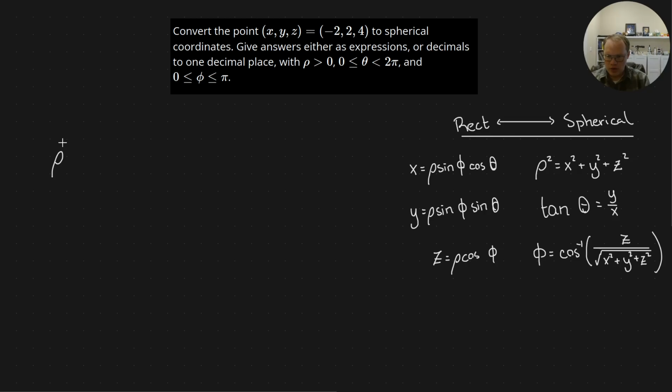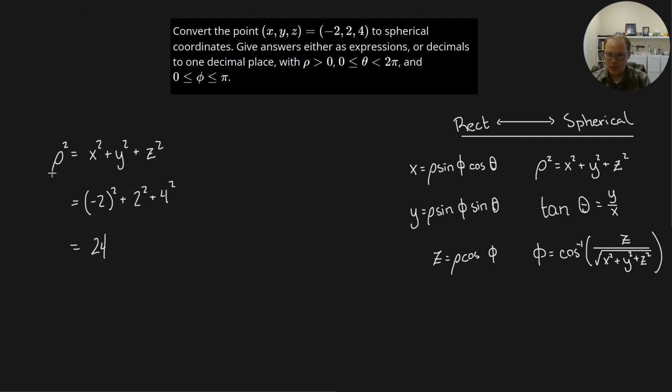So we know rho squared is equal to x squared plus y squared plus z squared. From the problem, we know x is negative 2, y is 2, and z is 4. So plug those in. Negative 2 squared plus 2 squared plus 4 squared. I get 4 plus 4 plus 16 is 24.